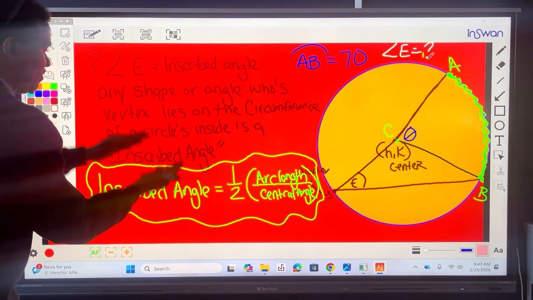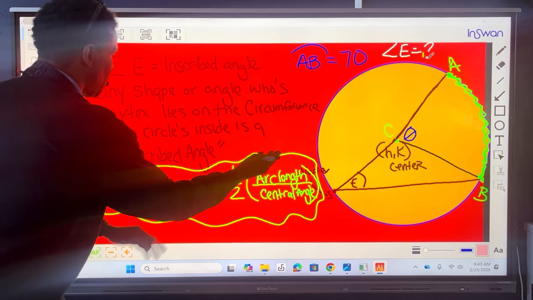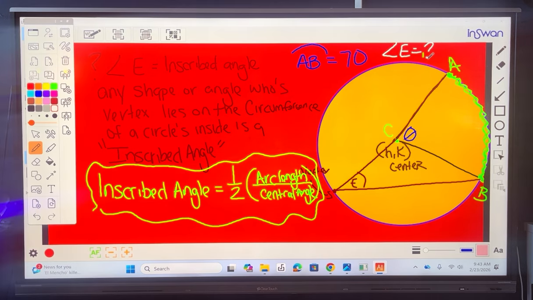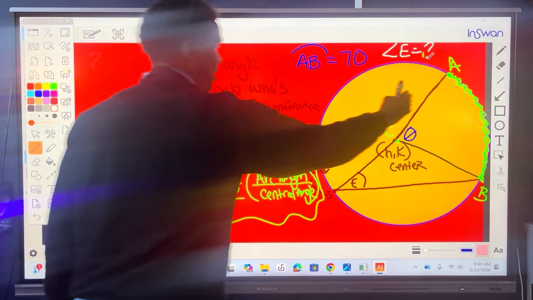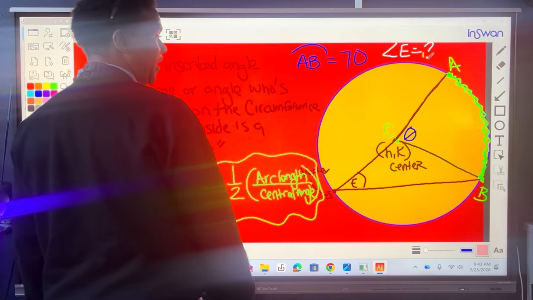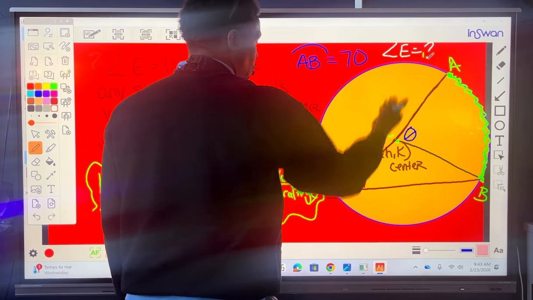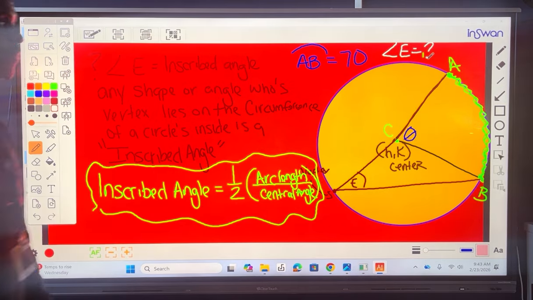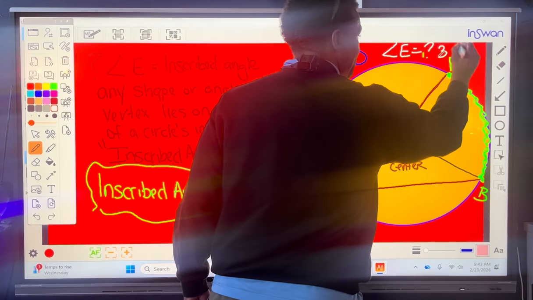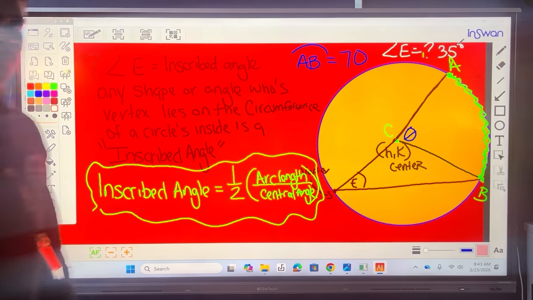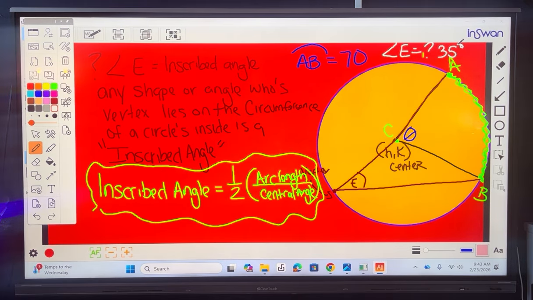The inscribed angle is 1/2 the arc length or the central angle. So what's AB? Is that a central angle? Yes. So what would angle E be? 35. Do y'all see that? It's just that simple.